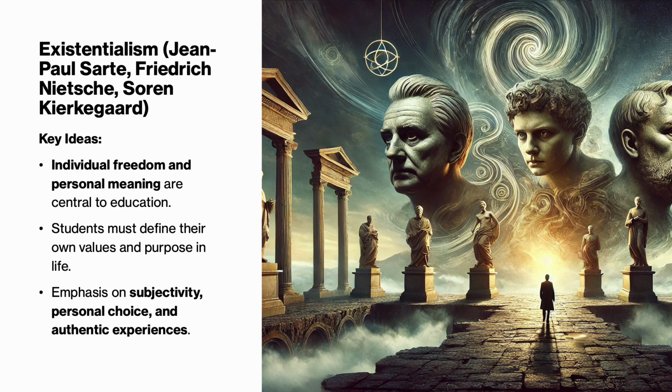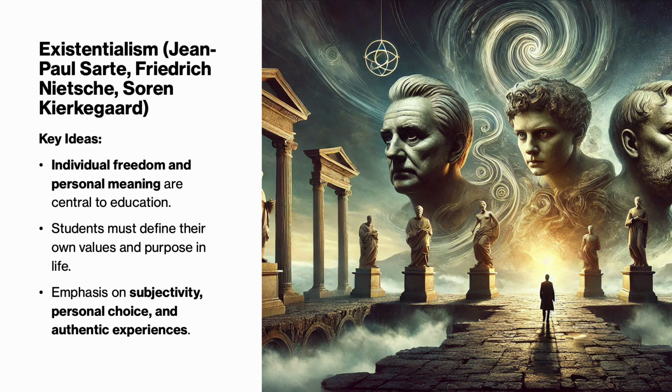Then finally, we have Jean-Paul Sartre. He lived between 1905 and 1980. So radical freedom and responsibility, that is his major work. Some of his key ideas are: existence precedes essence.